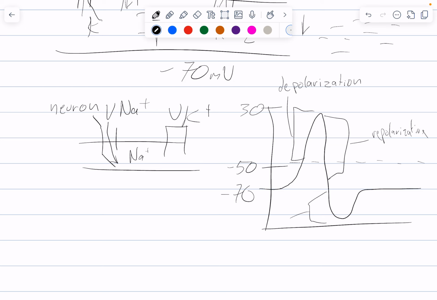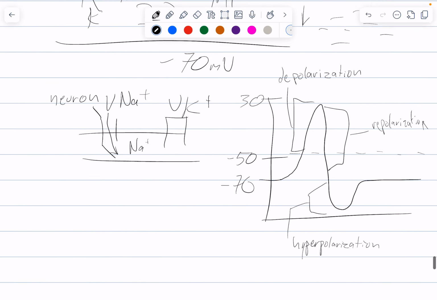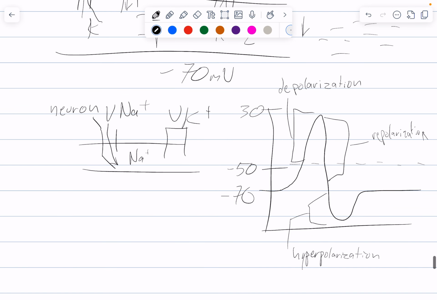This is repolarization, and this is hyperpolarization. So once it passes threshold and it becomes depolarized, this voltage-gated potassium channel opens.